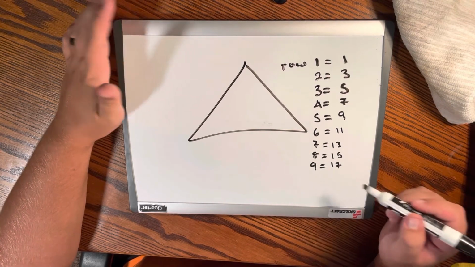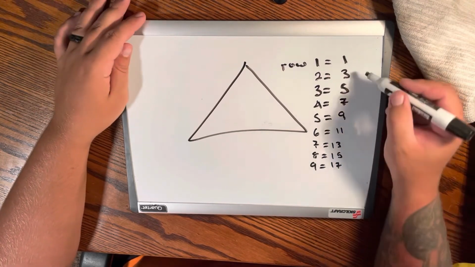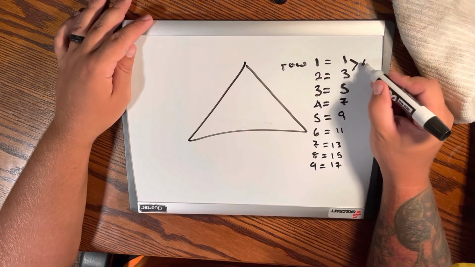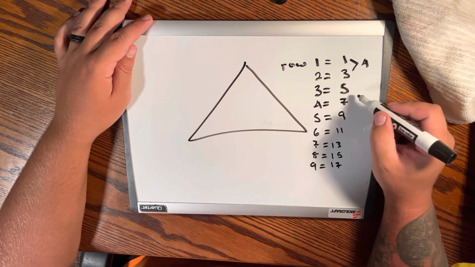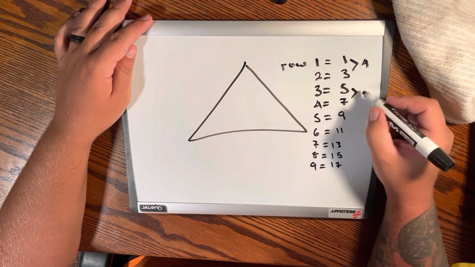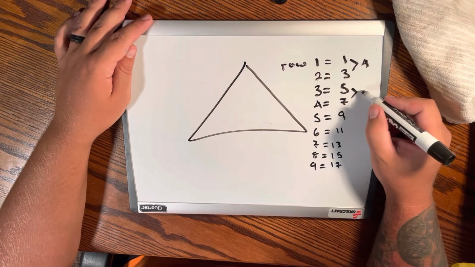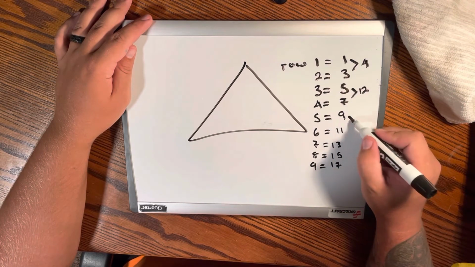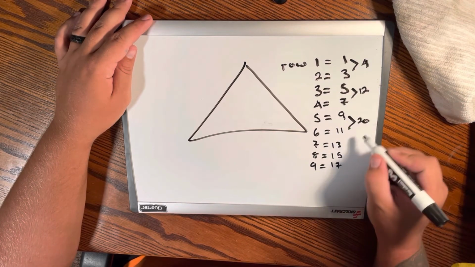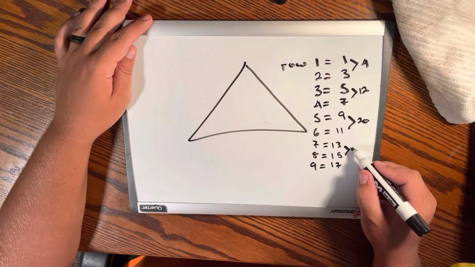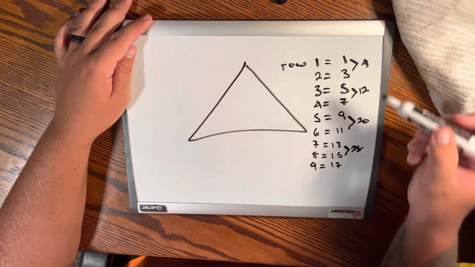Now, I asked how many triangles you had total. So you'd have to add these all up. I guess 5 plus 7 is 12, 20, 28, and 17.